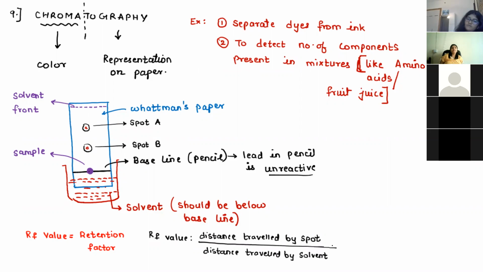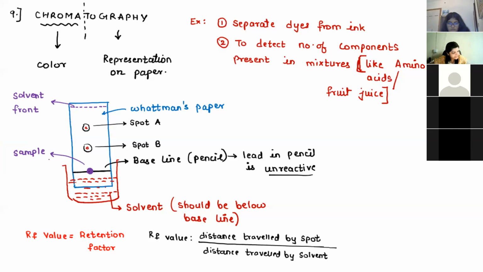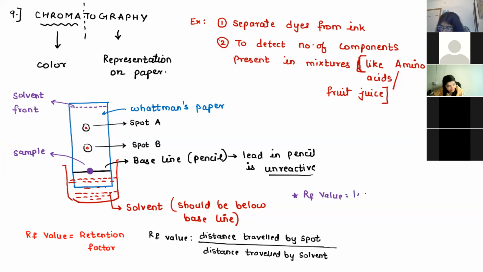That is how you calculate the RF value, and RF value is always less than 1.